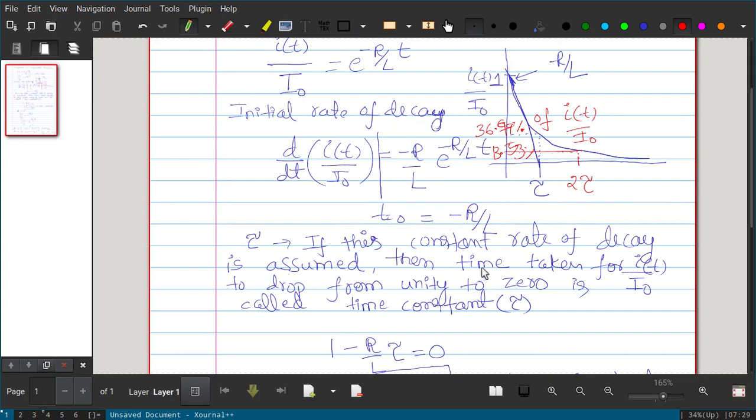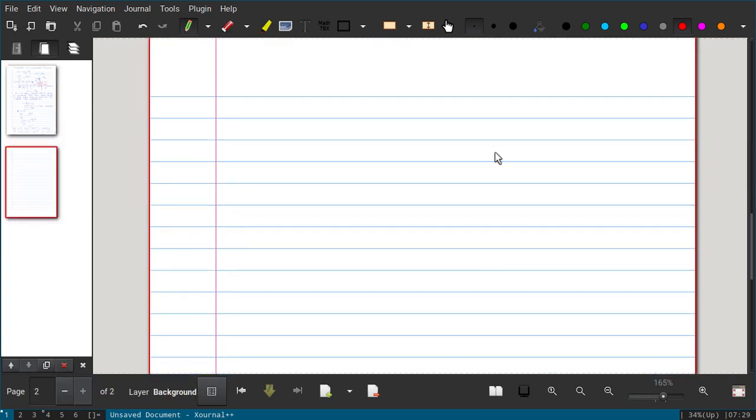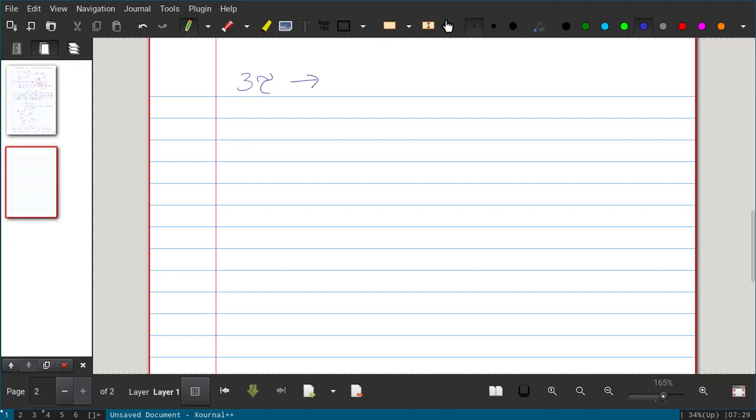And similarly we can calculate after 3 tau, the output current will be 4.9% of the initial. Initially if it were 100 ampere, after 3 tau it will be 4.9 ampere, 4.9% of the original value. And after 4 tau the value will be 1.8%. And after 5 tau, this will be 0.6%.